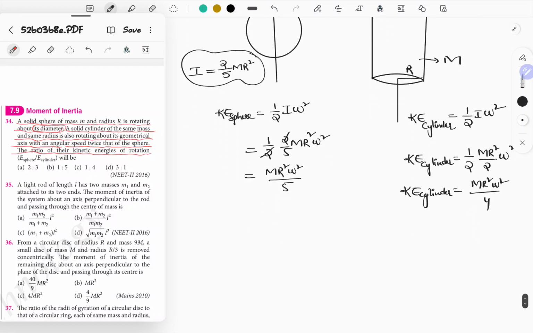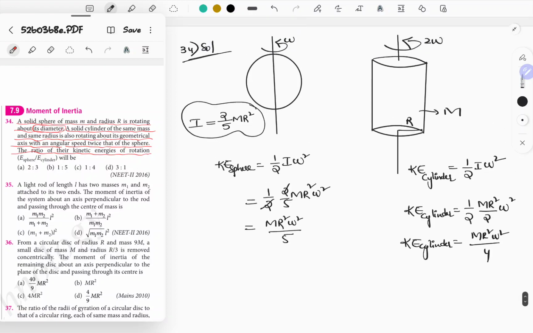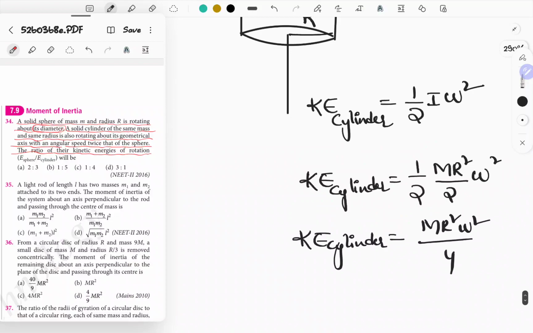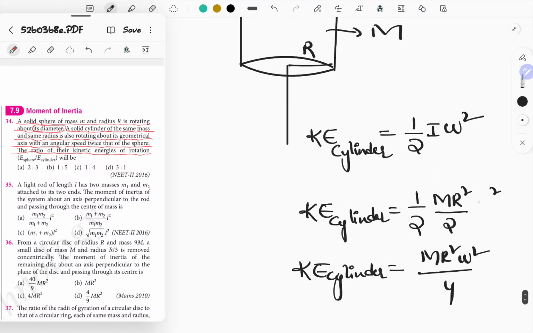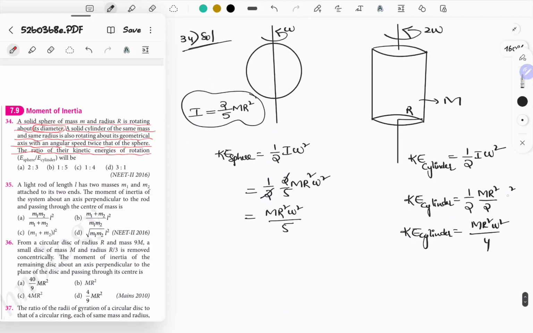They're asking for the ratio, right? One more small point that we have to represent: the angular speed of this solid cylinder is 2 times the angular speed of the sphere. That is the point we forgot to mention here. It is going to be squared, so in addition, you are going to get the 4 cancelled.